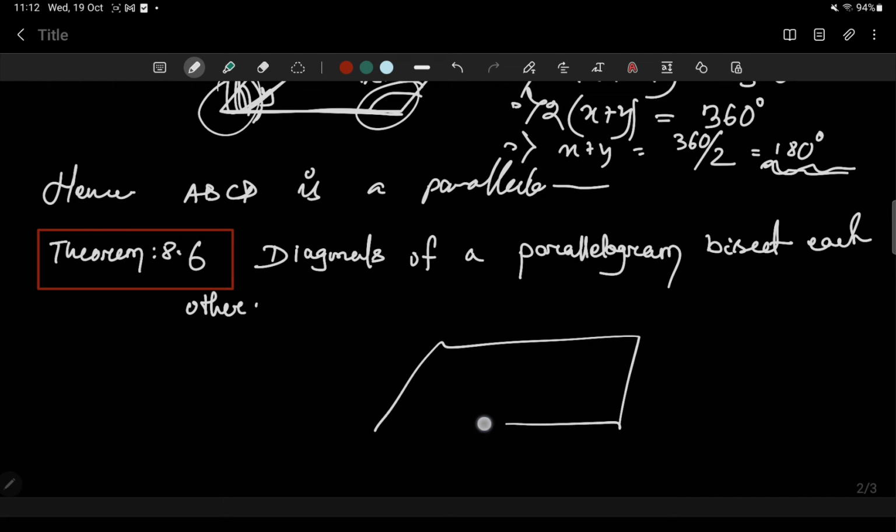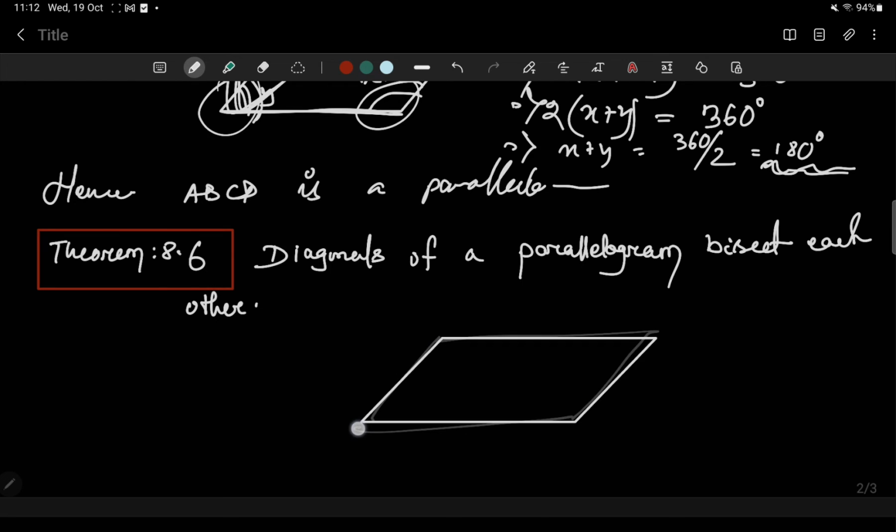Let's draw a parallelogram. Okay, this is a parallelogram. Diagonals of a parallelogram, let's draw a diagonal. This is a diagonal. This is a diagonal.